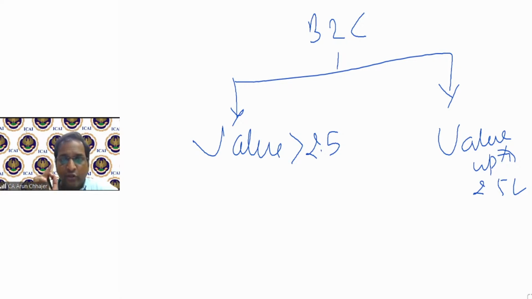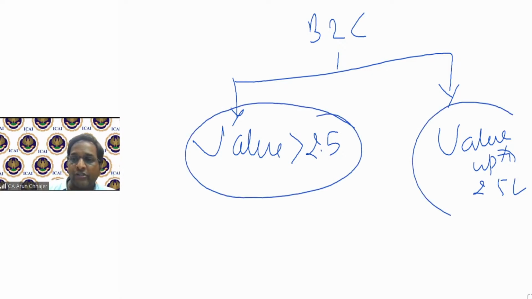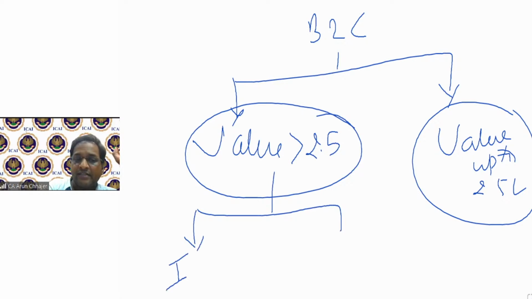I am discussing that whether you will report consolidated in the GSTR1 or you will report invoice wise information in the GSTR1. In case of the B2B, it is always invoice wise. In case of the B2C, you have to see whether value of the invoice is more than 2.5 or up to 2.5. If it is more than 2.5, then further check, is it interstate supply or is it intrastate supply?